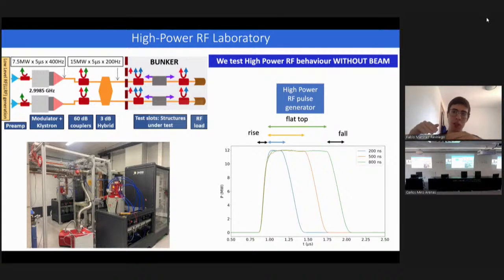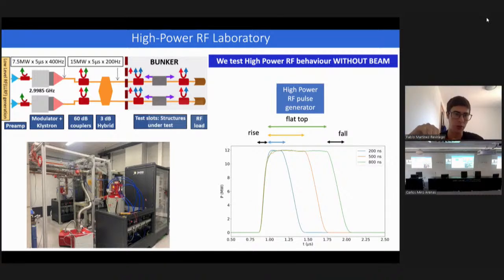You have a beam, you modulate your beam with the modulator that feeds your klystron, and then you extract the energy of your beam, and you obtain a very, very large amplification in the RF power.